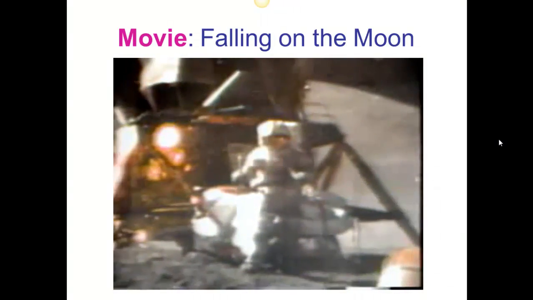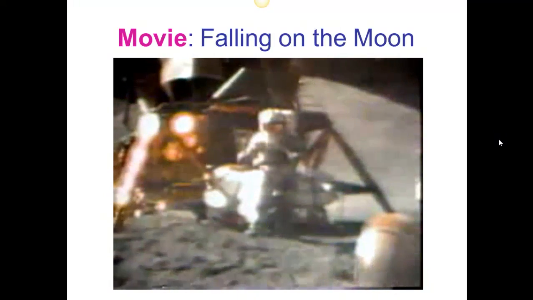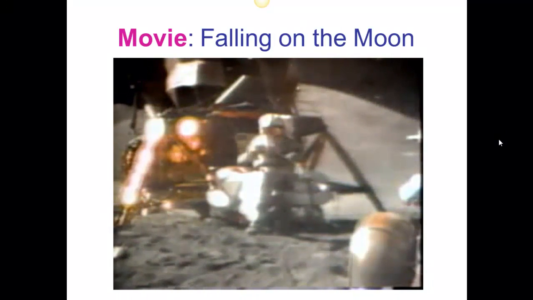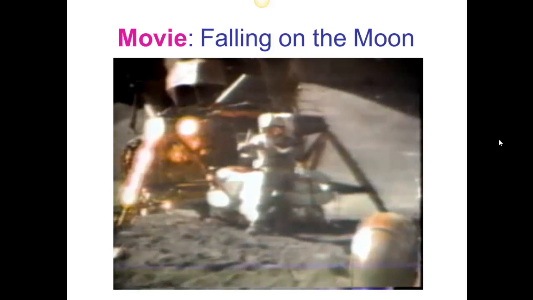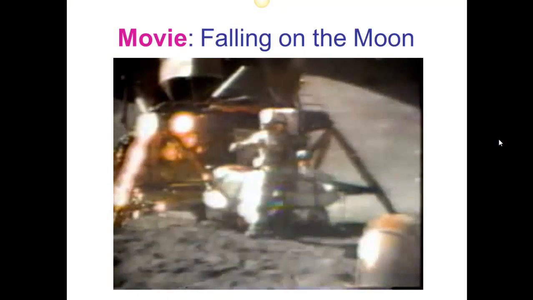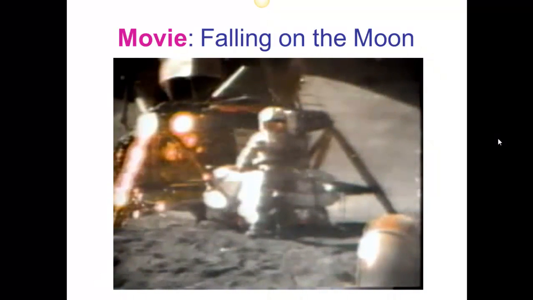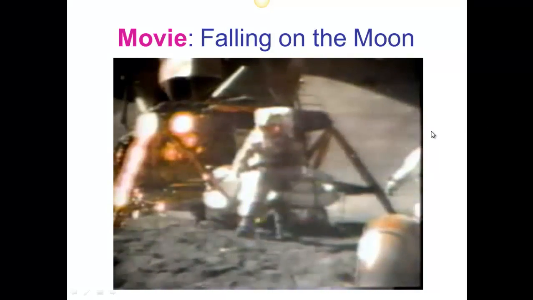And so we thought we'd try it here for you. The feather happens to be appropriately a falcon feather for our falcon. And I'll drop the two of them here, and hopefully they'll hit the ground at the same time. How about that? That proves that Mr. Galileo was correct in his findings.